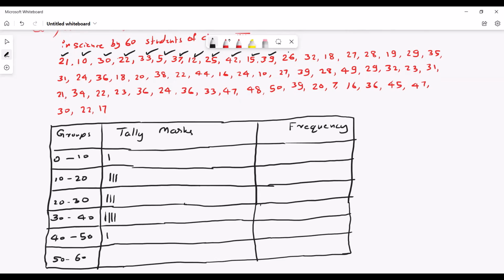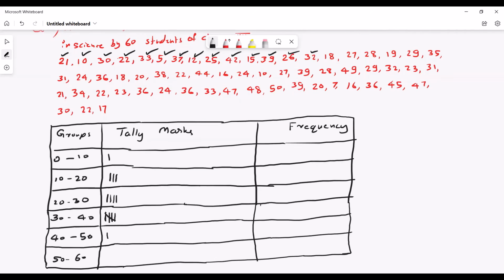Then next is 26. That will come here in 20 to 30. And next is 32. And 32 will come here in 30 to 40. So already in 30 to 40, 4 tally marks are there. So the fifth one will come as a cross line.